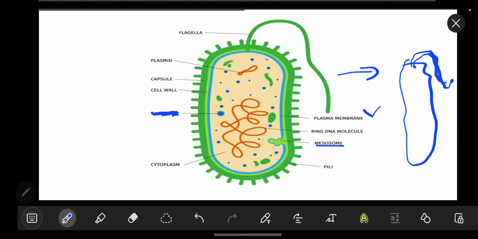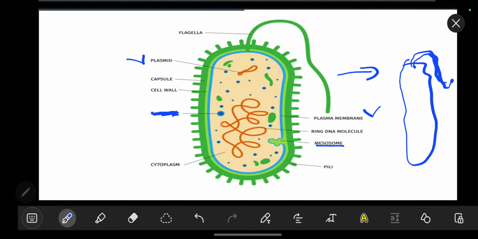Then the plasmids have the function of creating antibacterial resistance. So the bacteria's resistance is mostly created by the plasmid. So by definition, the plasmid is a circular DNA that is not part of the main central DNA.